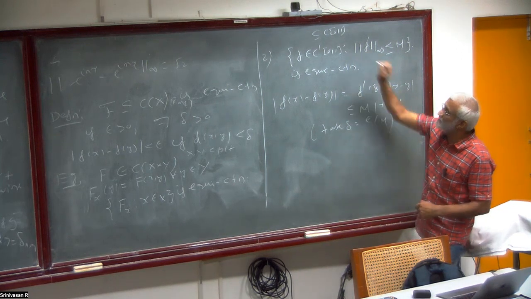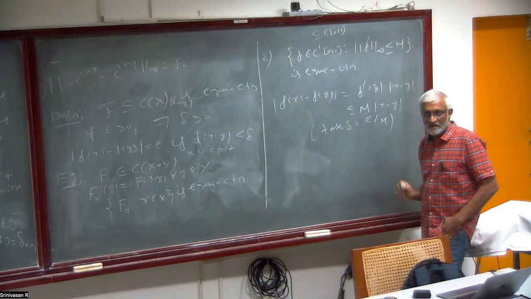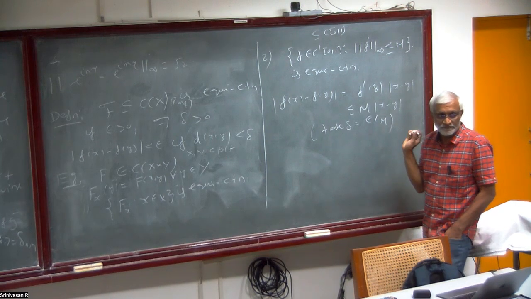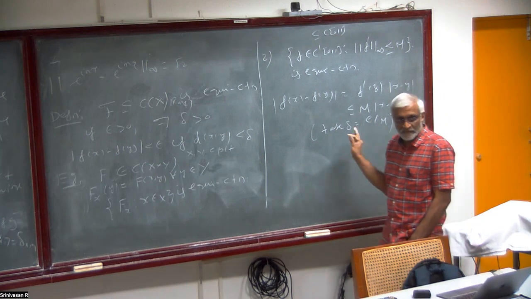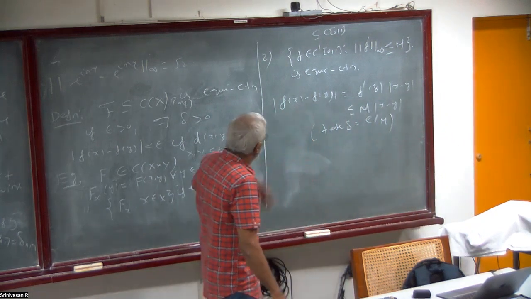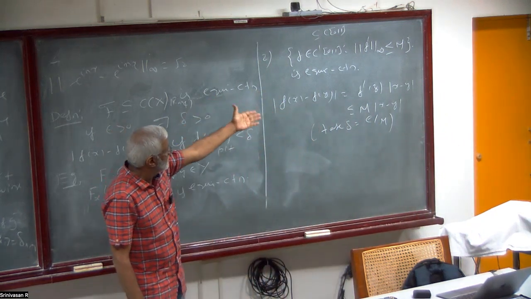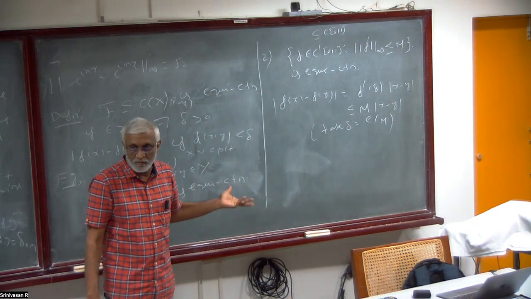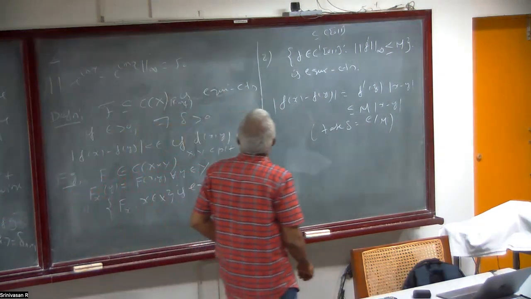So this set is equicontinuous. This is an easy example. This will not work for just the norm of f in infinity being bounded; of course, we have seen that counterexample.